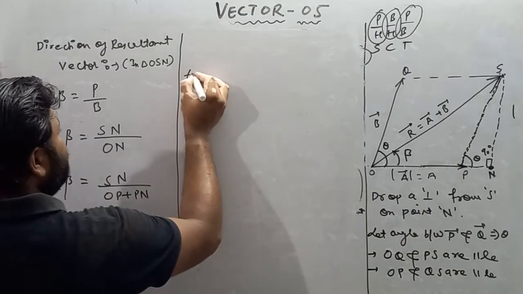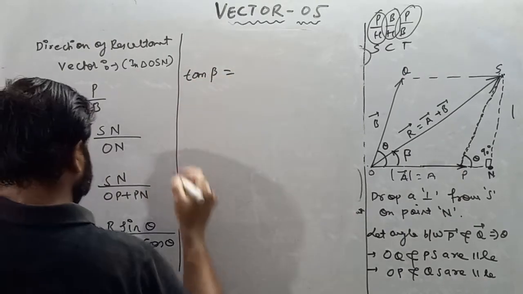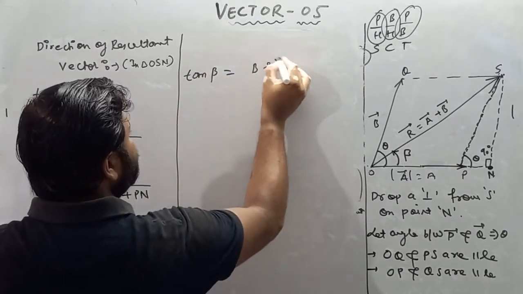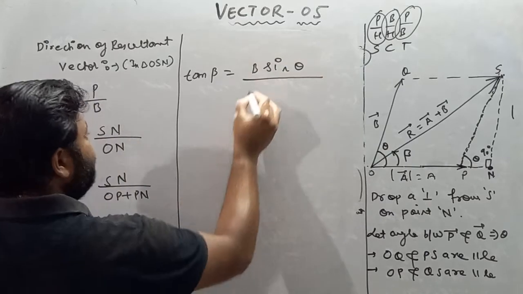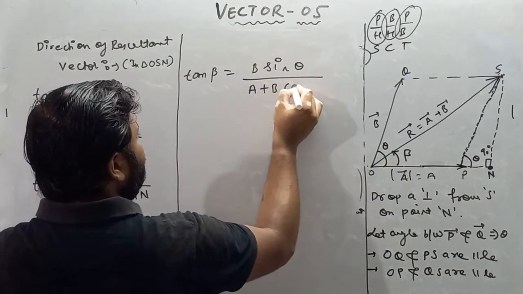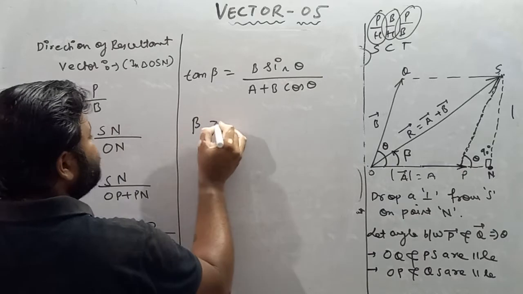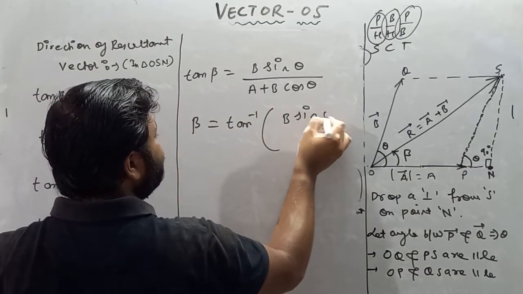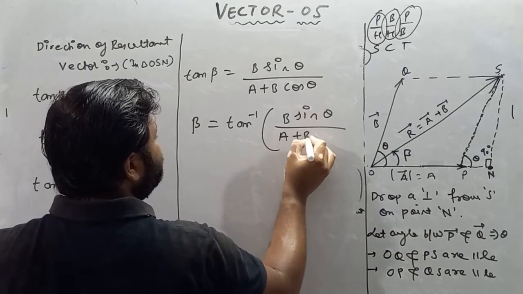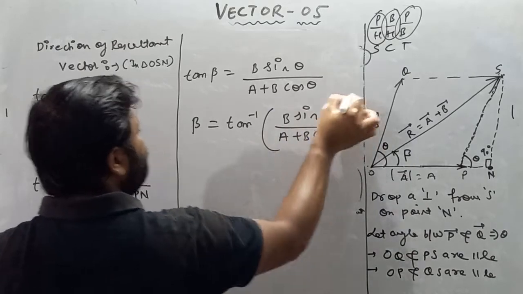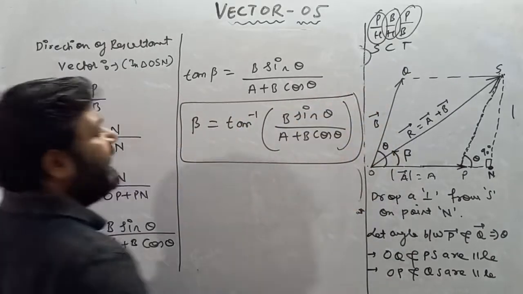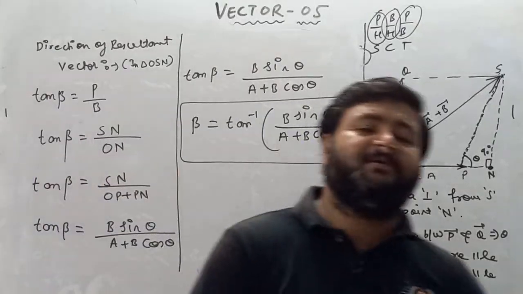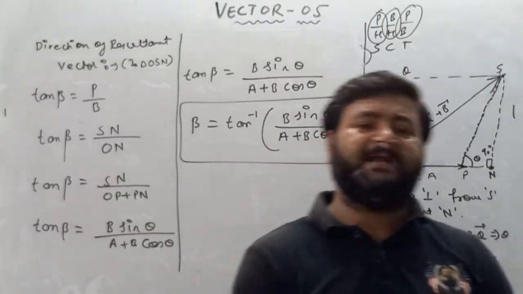So tan beta is equal to B sin theta upon A plus B cos theta. So beta is equal to tan inverse of B sin theta upon A plus B cos theta. This is the value of direction of resultant vector, my dear student.